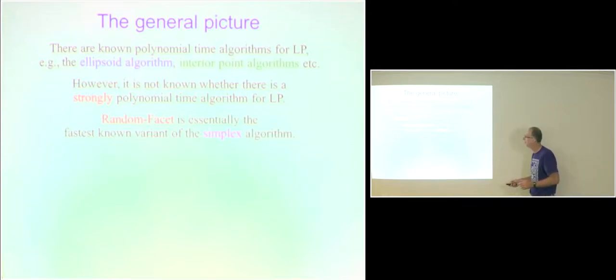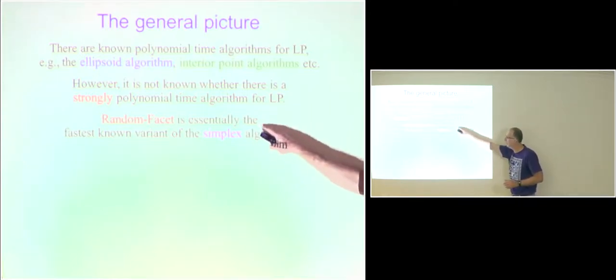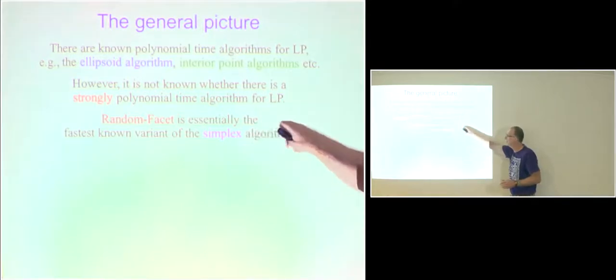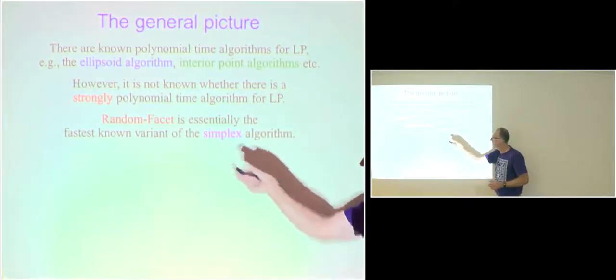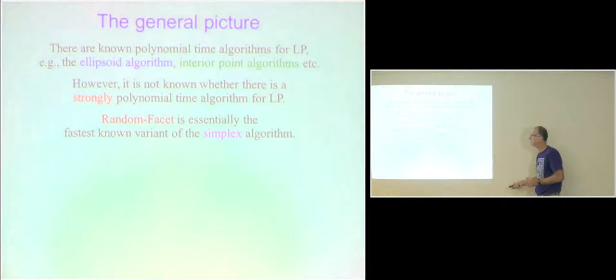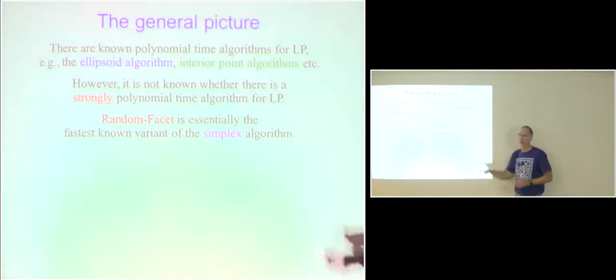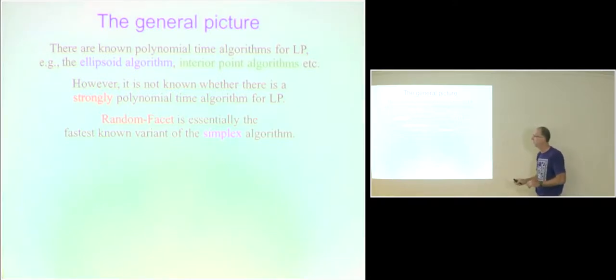The pivoting rules I described, more specifically random facet, are essentially the fastest known variants of the simplex algorithm. There are small improvements which I won't have time to explain, but these are the best known bounds.